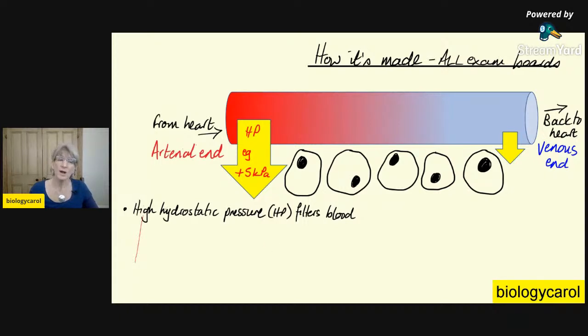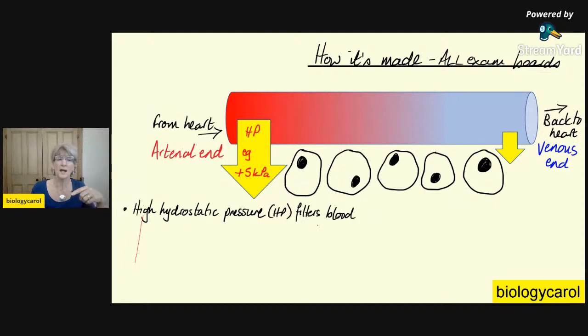So this high hydrostatic pressure literally squeezes the plasma out of the capillary wall. The capillary wall does have very fine holes in it. And remember that filtering is separating things by size and by size only.